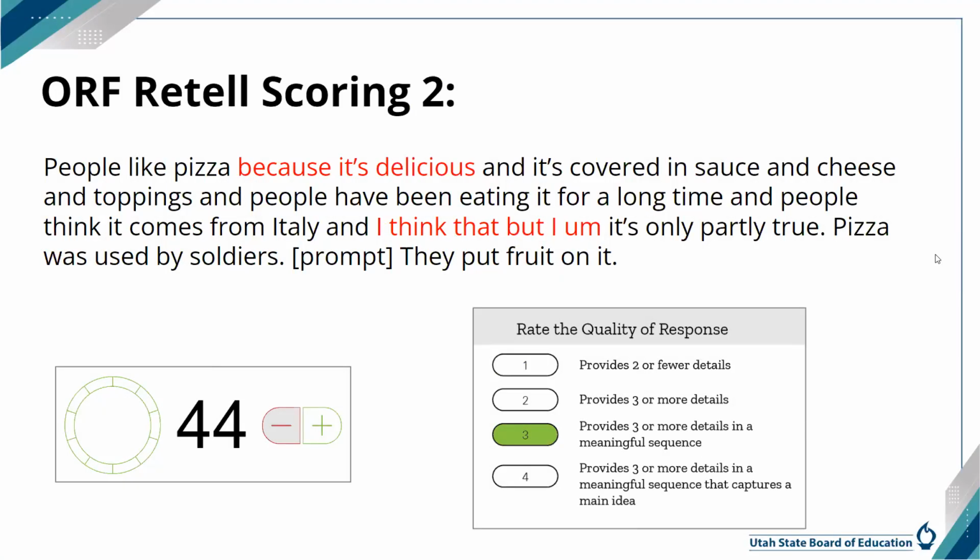So here's the retell. It was 44 words with a score of 3. I did not count the words because it's delicious, because the text didn't actually talk about pizza being delicious. It was more the student's personal feelings about pizza.